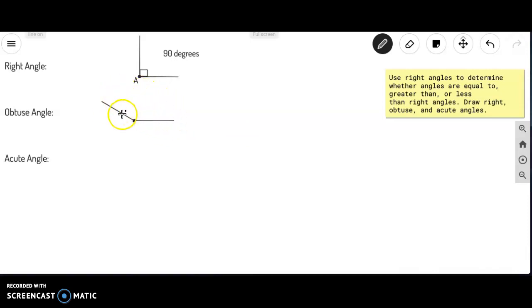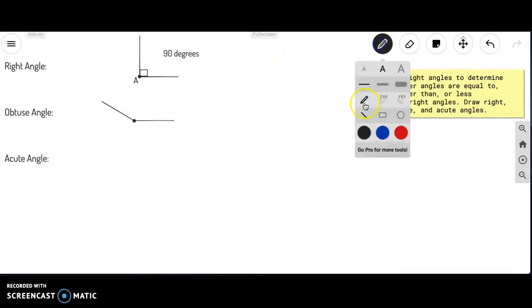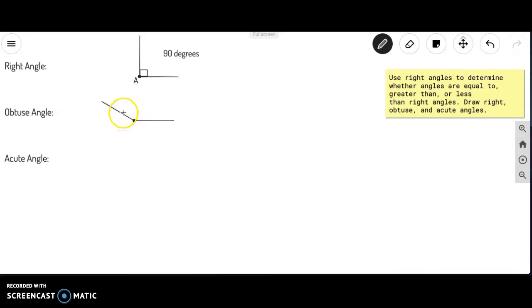The inner part of this is how we measure the degrees, and you can tell because there'll usually be this symbol right here. I'm going to name this B. Since this is 90, it's going to be more than that. I'm going to say this is 135 degrees.